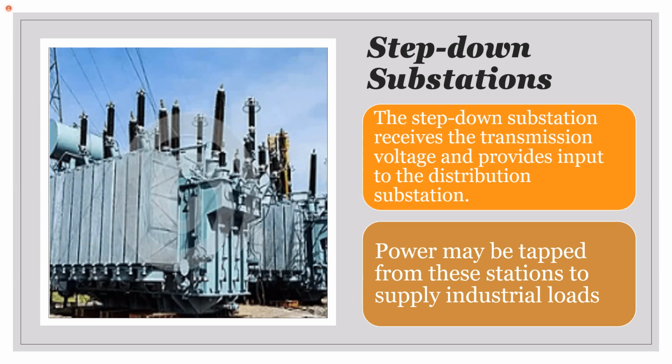I can't think of any that we have here in Jamaica, but it would mean we are taking it from the 138, and from the 138, we then supply the substation with, say, 69. And from that 69, it goes down to 24, which is then fed onto the streets. I hope that is clear. All right. Any questions?